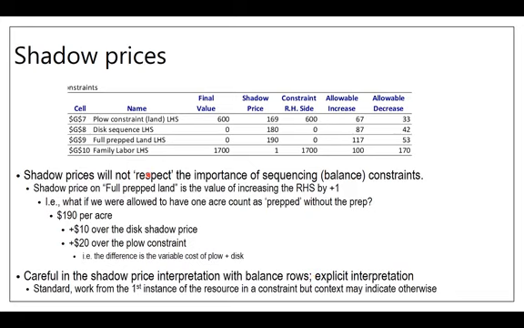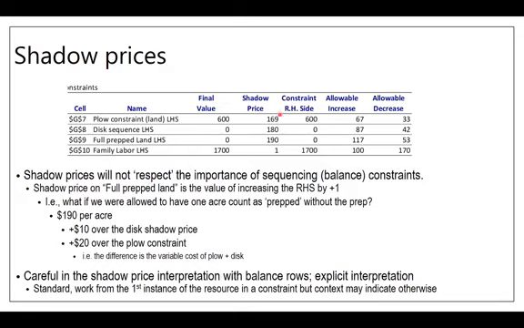The shadow prices we talk about just a little bit here, just because we want to acknowledge they can't respect the importance of the sequencing balance constraints, right? That sequence process is a linkage, almost a dynamic linkage across constraints. But Excel and the simplex algorithm that Solver is using doesn't really understand that.